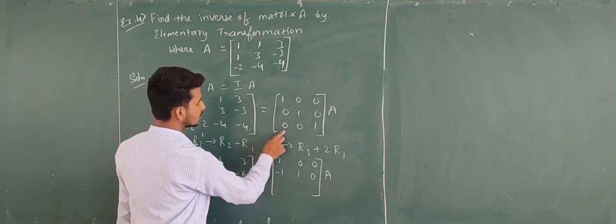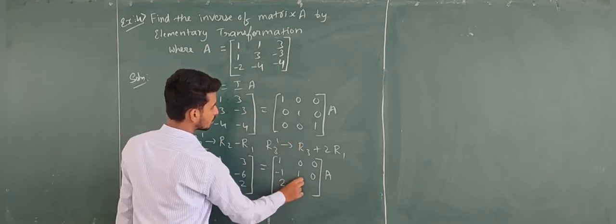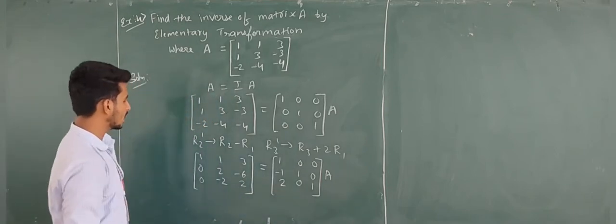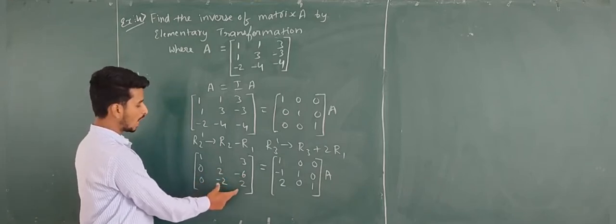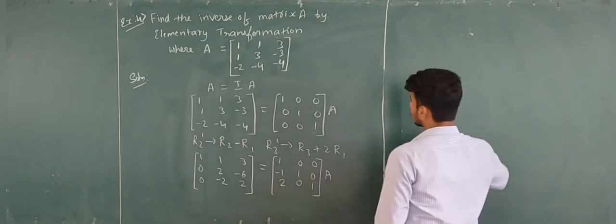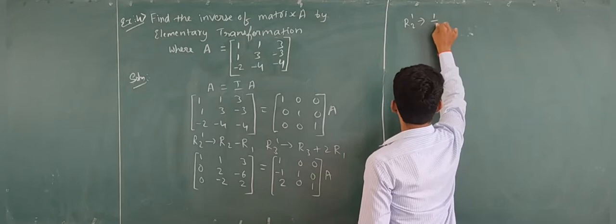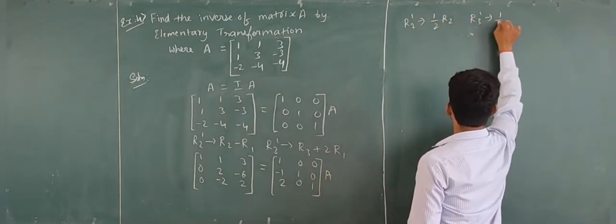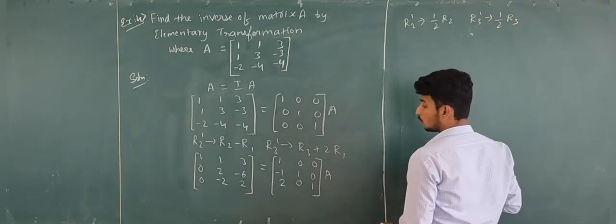So next 0 plus 2 will be plus 2, 0 plus 0 will be 0, and 1 plus 0 will be 1. So next we can multiply 1 by 2 to the second row and 1 by 2 to the third row, that is R2 dash changes to 1 by 2 R2, and R3 dash changes to 1 by 2 R3.